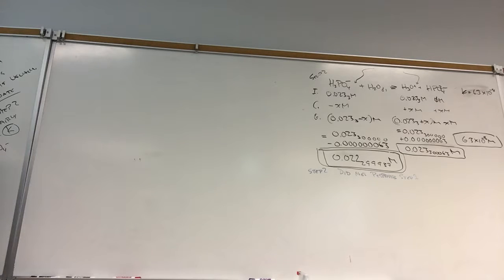That's a heck of a lot stronger than acetic acid, right? That's 3 orders of magnitude stronger than acetic acid. And this is just HSO4 minus. And so for something like sulfuric acid, you have to do step 2. Otherwise, you're going to miss about 10% of the hydronium in the solution.